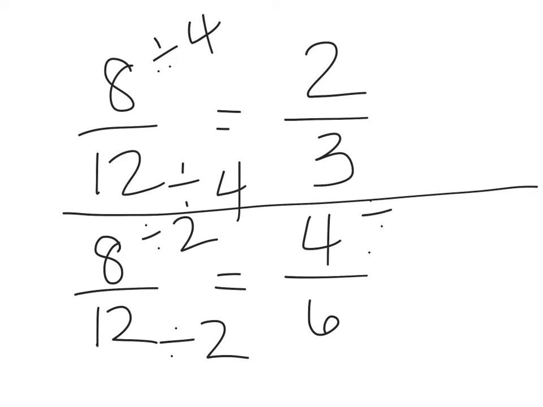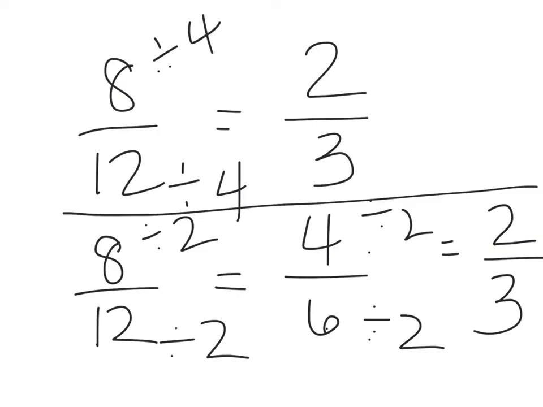I can pull out another 2. 4 divided by 2 is 2. 6 divided by 2 is 3. We came up with the same answer, but notice how it was shorter in the top one. If you can find the biggest number that goes into both, that will cut down on steps.